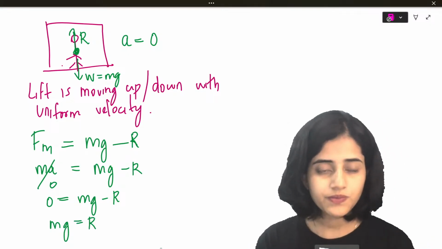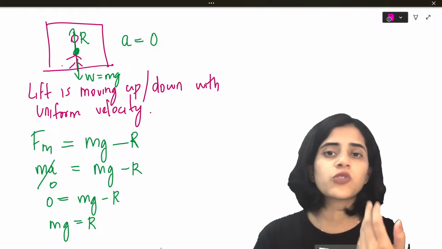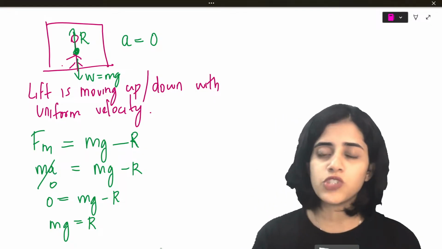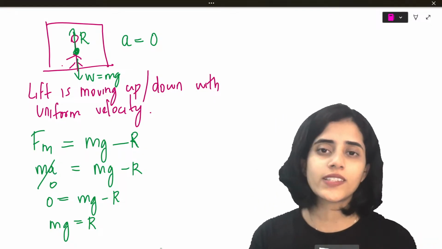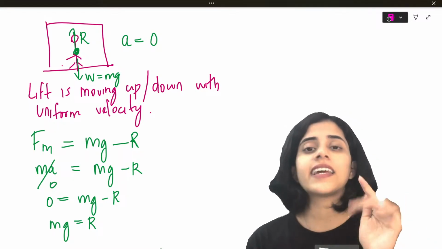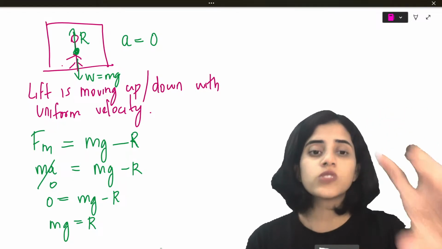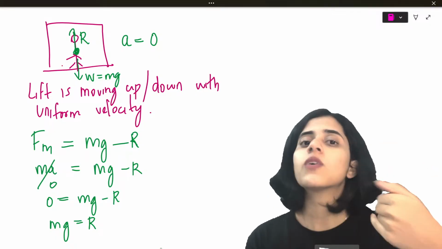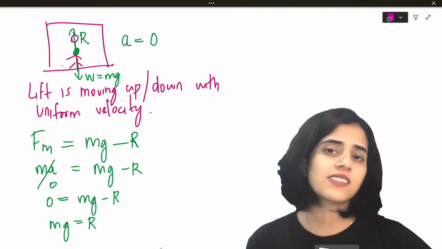So students, in these cases, you don't have to bother if you're writing it as mg minus R or R minus mg, because anyways, you're going to equate it. It's going to be equal. When that matters, I'll tell you. In some cases, you need to put mg first. Some cases, you need to put R first. We will come to those cases. But here, this is clear.